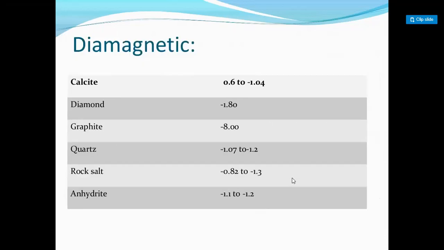And here the diamagnetic minerals: calcite shows minus 0.6 to minus 1.04, diamond minus 1.80, graphite minus 8, quartz minus 1.07 to minus 1.2, rock salt minus 0.82 to minus 1.3, and anhydrite minus 1.1 to minus 1.2.